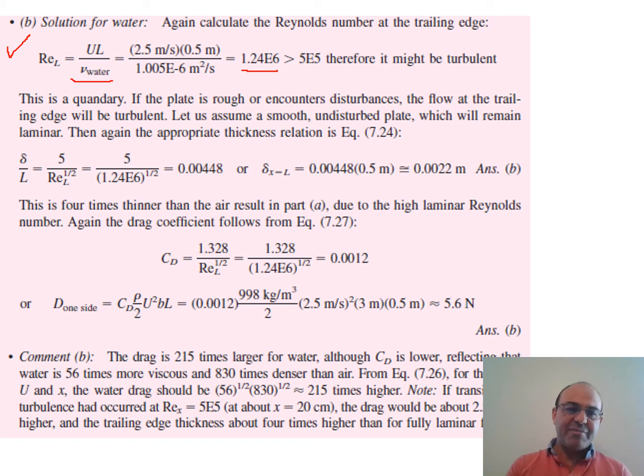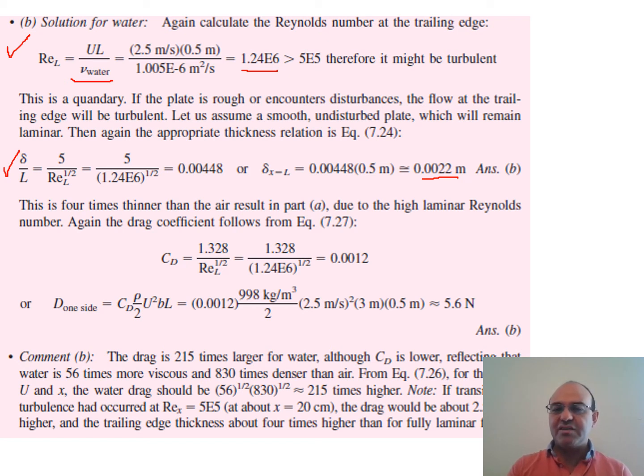So based on the laminar assumption for a smooth plate, delta over L is found again, and delta, the thickness of the boundary layer, becomes 2.2 millimeters. If you remember, for the case of air it was 8 millimeters.